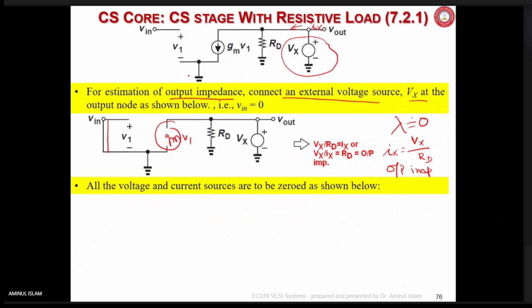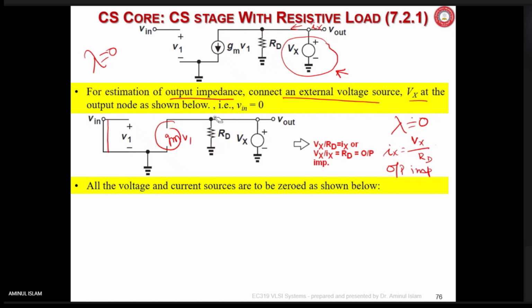So for estimation of output impedance, connect an external voltage source. Here, this is an external voltage source. This is a small signal model of this one. Lambda is considered to be 0, so we have not drawn the small RO. We should have drawn RO here, but we have not because we are considering lambda equals to 0, CLM neglected.